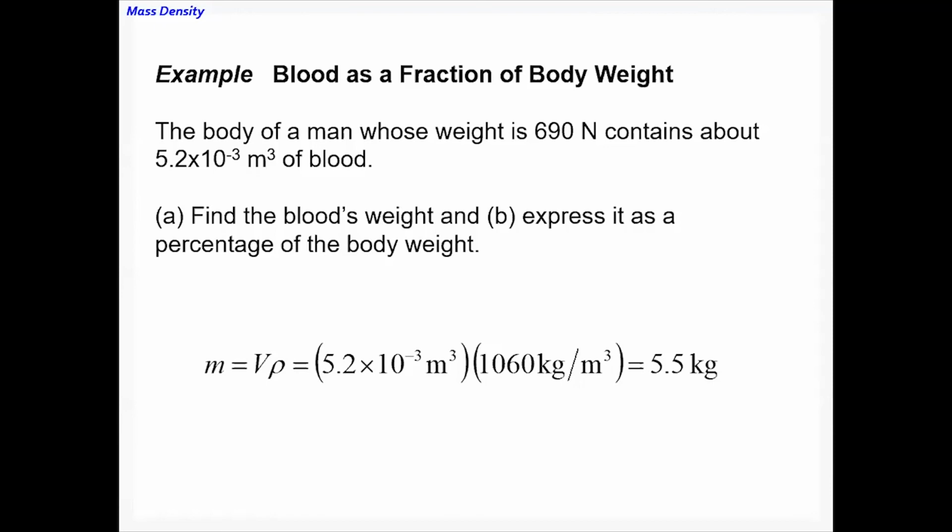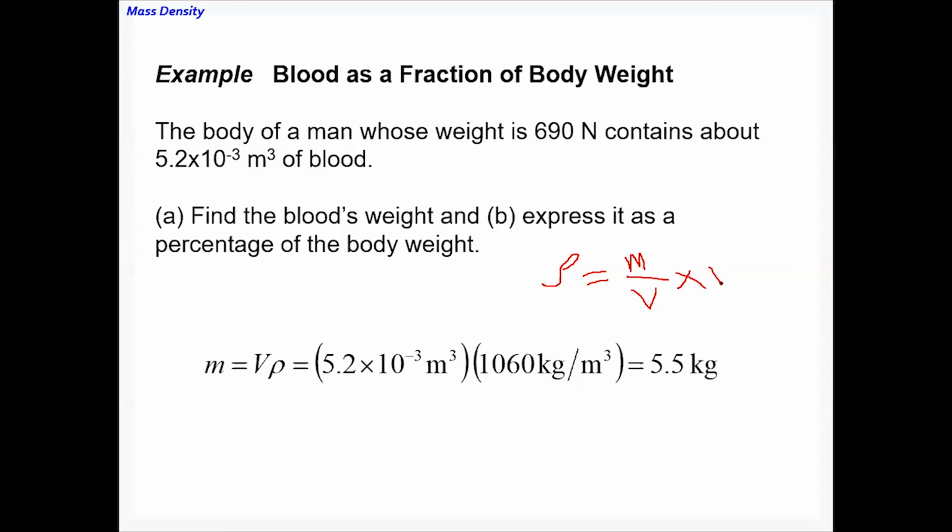I don't think I have to explain too much here, right? This is easy because your density equals mass over V. If you multiply both sides by V, what do you get?